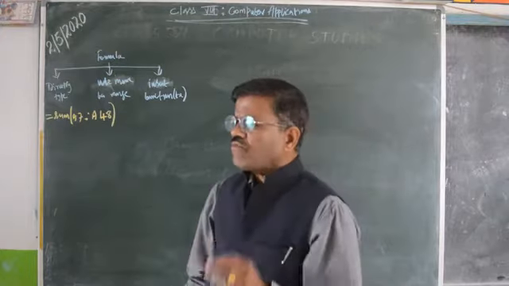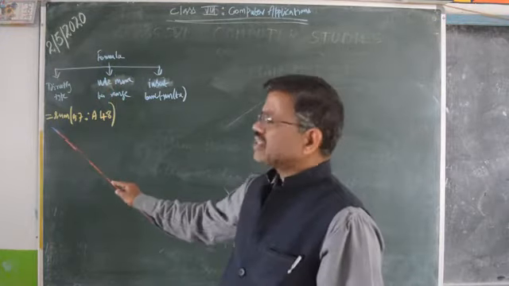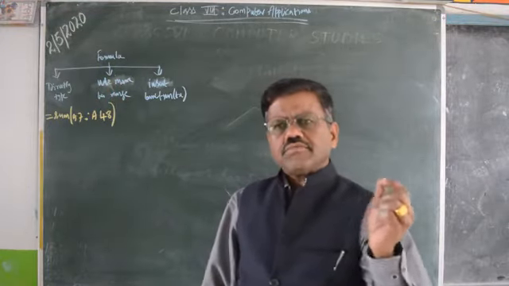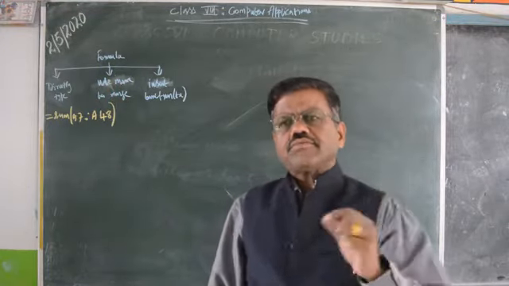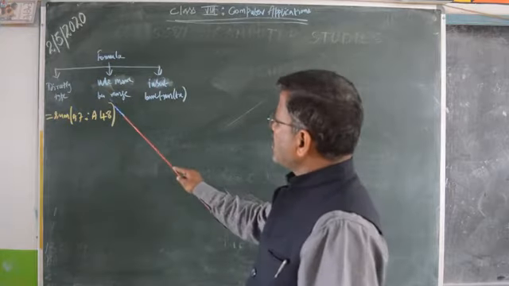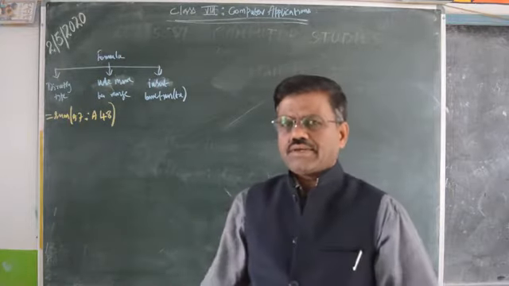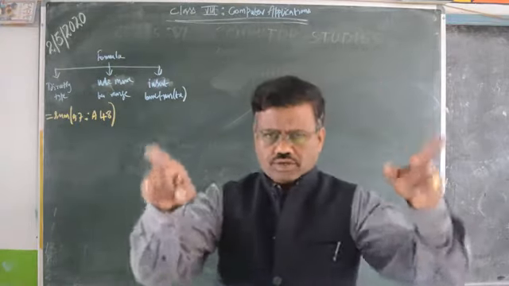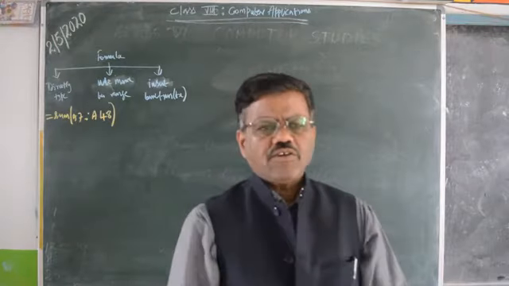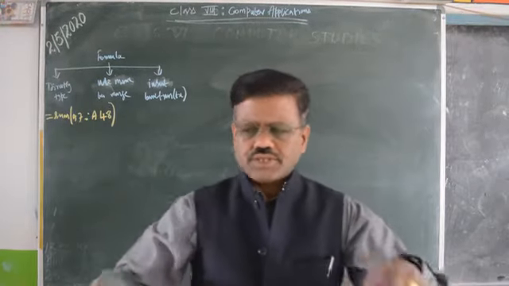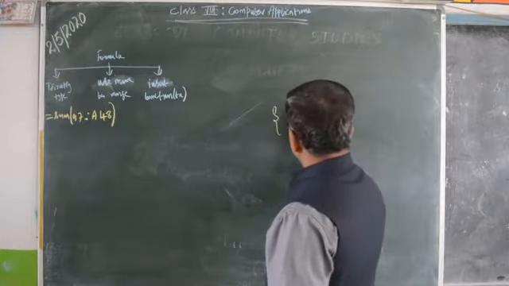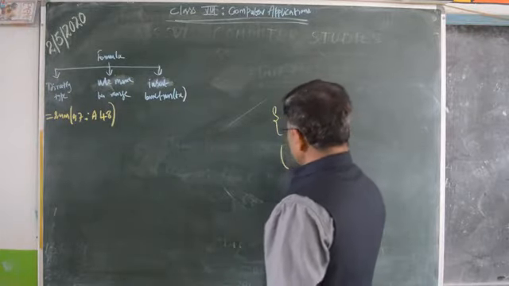Directly, any formula has to begin with an equal symbol, followed by the function name, and the range you must give within the parenthesis. A pair of braces, not braces, we call it a bracket.